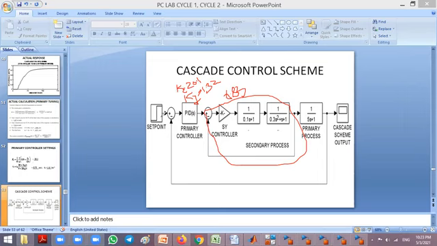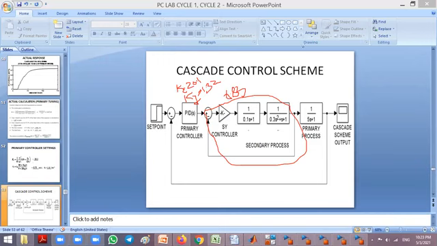Here you have a set point, and the output of the primary controller is given to the secondary controller as its set point. The output of the secondary process is given for comparison to the error detector of the secondary controller, and you have a proportional controller here. So this is the entire scheme which we are going to do in MATLAB.